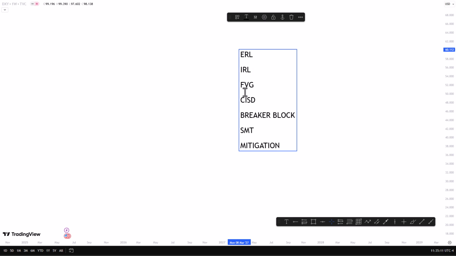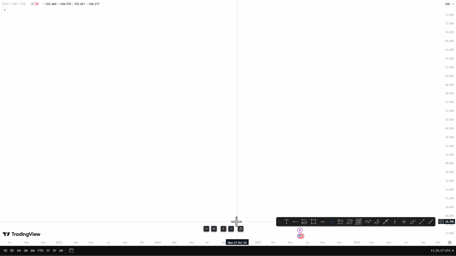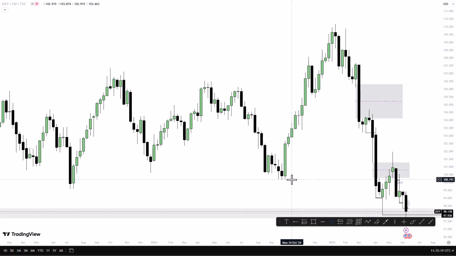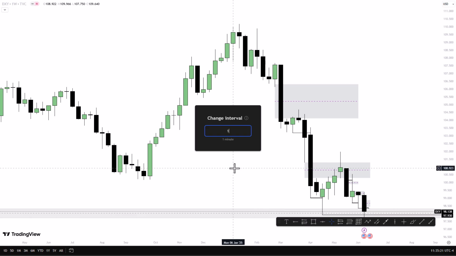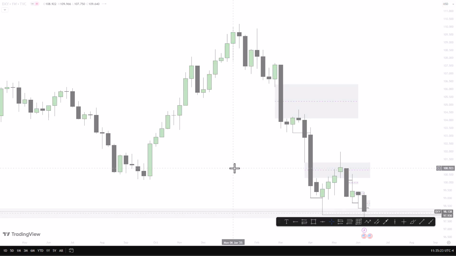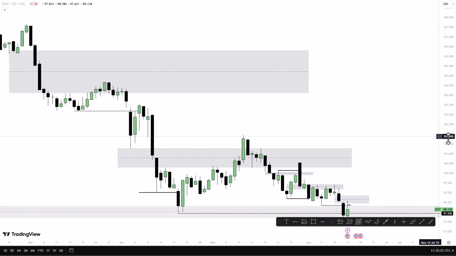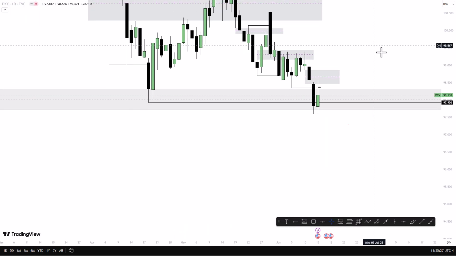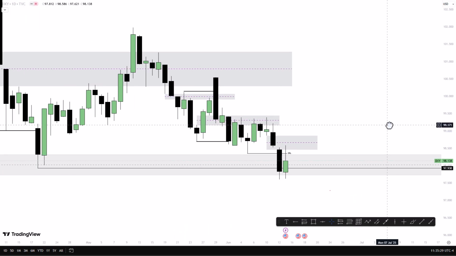Now, the next thing you need to consider is what we call SMT inside imbalances. SMT inside imbalances. What do we have here? We see this fair value gap here, and price came into it.